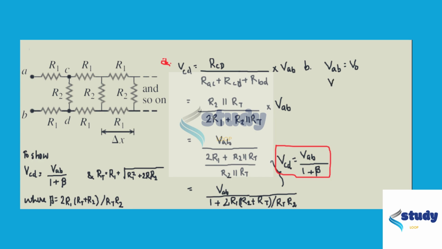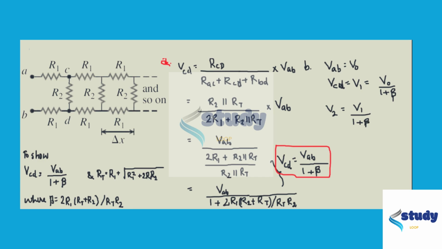For the zeroth segment, V is V naught. For the first segment, we found VCD equal to V1, which is V naught upon 1 plus beta. Now, for the second segment, V2 should obviously be V1 upon 1 plus beta, and so on.